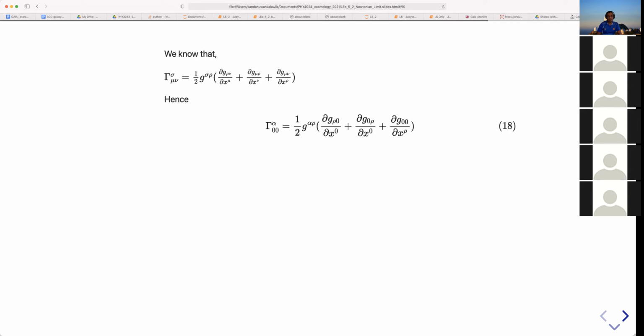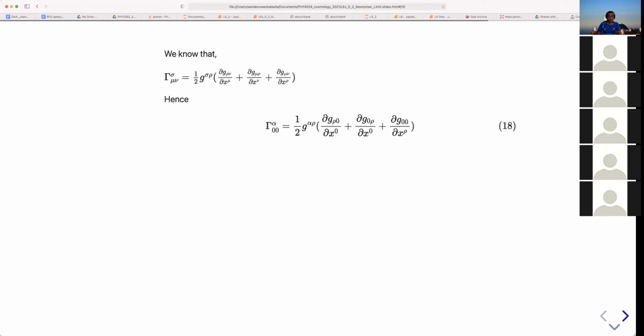If the gravitational field is static, once again, for this connection coefficient equation, gamma alpha 0, 0 is equal to half times g alpha rho, where you have the metric tensor, and inside the brackets you have three terms that you need to differentiate, right?